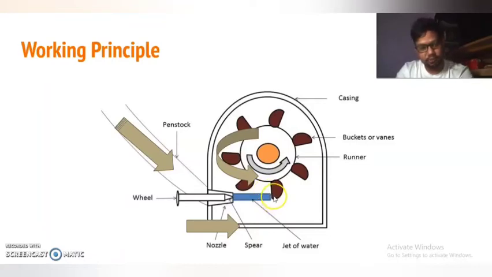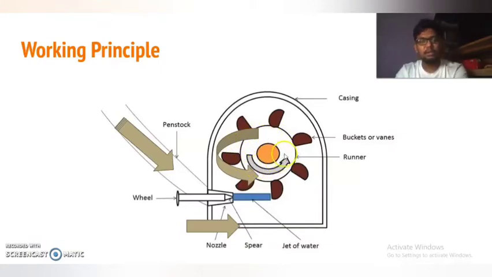The efficiency of the Pelton wheel turbine is high, about 95%. So from the penstock to the nozzle, the spear controls the flow rate, the jet of water hits the vane, and the runner is rotating.